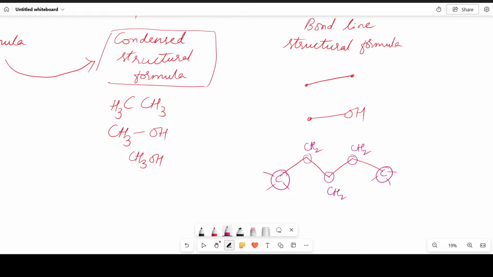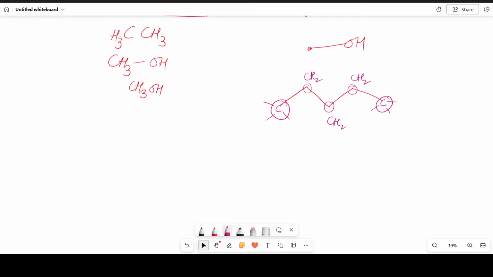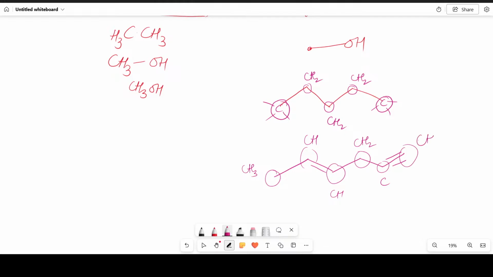Alright. Suppose there is a double bond or triple bond, then I will write it like this. Suppose there is a double bond here, so here it is not CH2, it is CH. Terminal ends are CH3. This is also CH. This is CH2. Here only C. Here only CH.